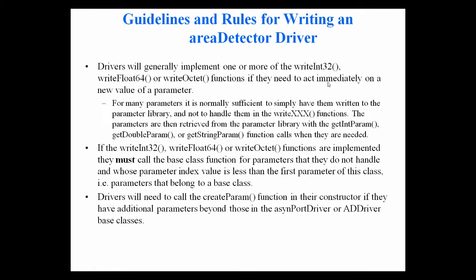And you would almost always need to implement writeInt32 because that's where the command to start or stop acquisition comes over. There might or might not be parameters that you need to act upon immediately on the float64 or octet interfaces, because for many parameters you can basically use the base class function.